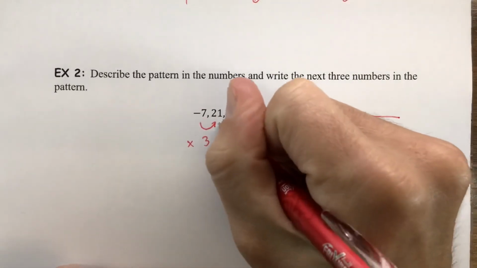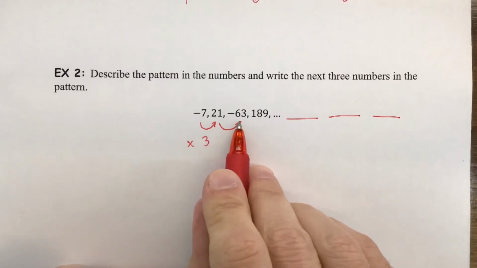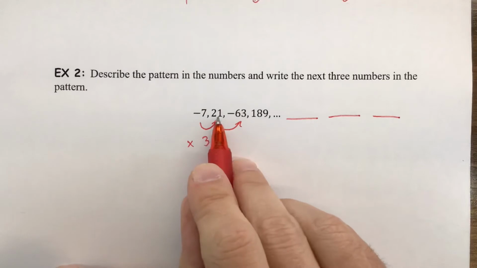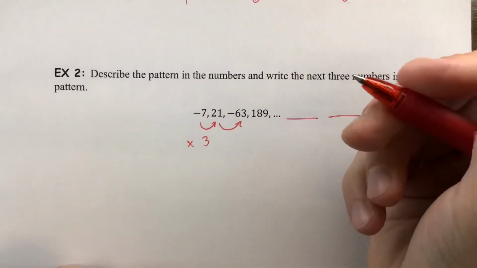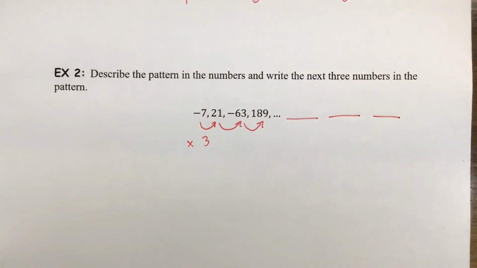Now, does that hold true as we go from 21 to 63? And yeah, when you multiply by 3, 3 times 1 is 3, 3 times 2 is 6, you get 63. So again, you're multiplying by 3. And you can check over here and see that that also is multiplying by 3. 3 times 3 is 9, and 3 times 6 is 18, so you get 189.